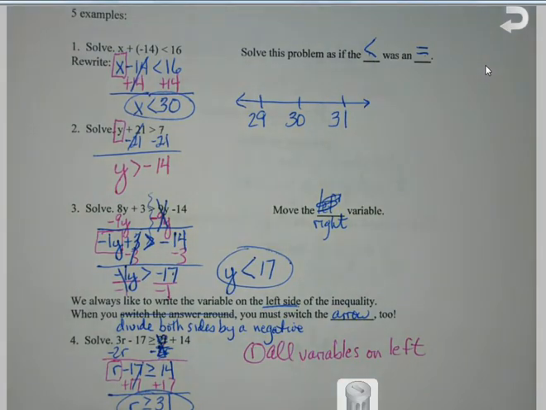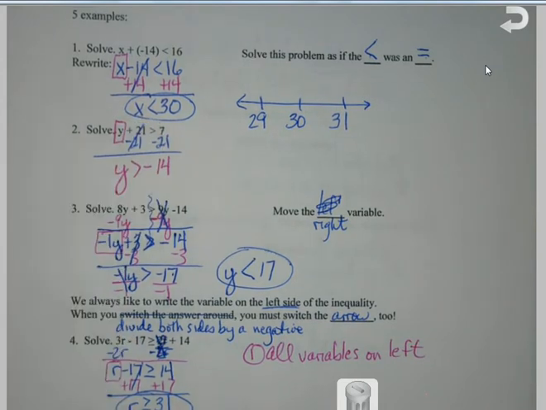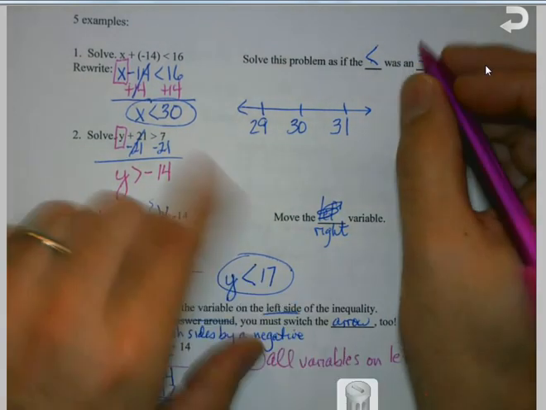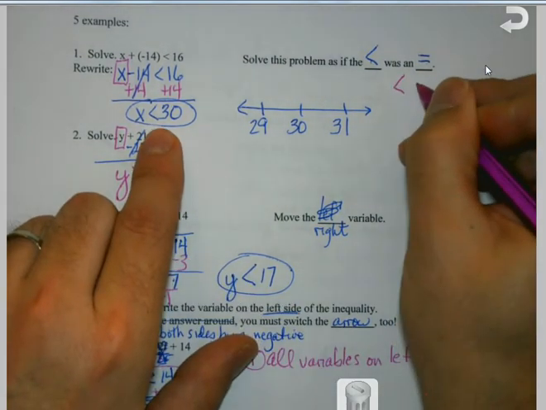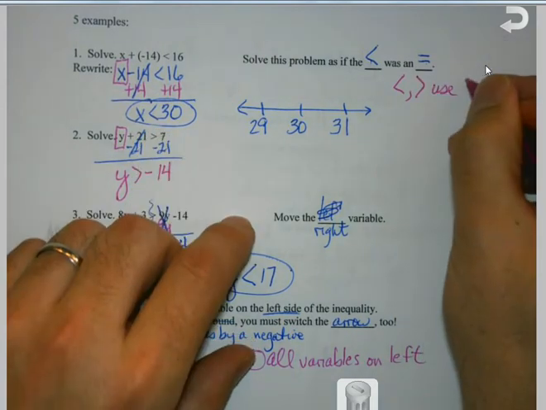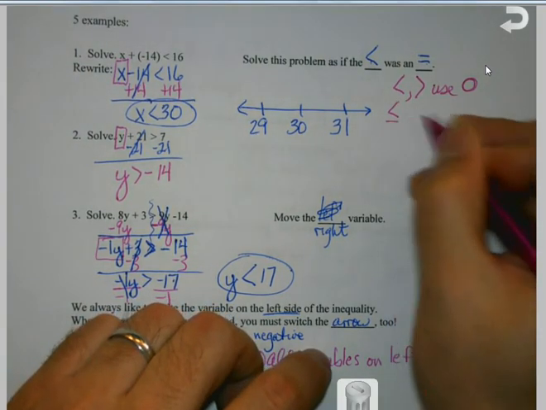And what we're going to do is this. When we're trying to figure out to graph these, whatever the arrow is, as long as our x value or whatever variable is on the left, our arrow is going to go the same way. But there's one little thing we've got to watch for. If we have either greater than or less than, we're going to use an open dot on that number to signify that we want it included or not.